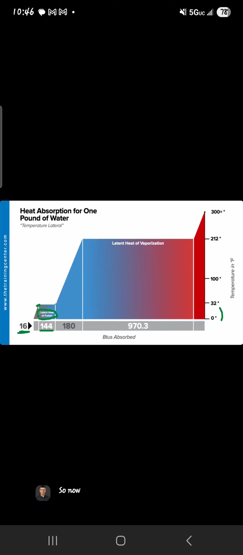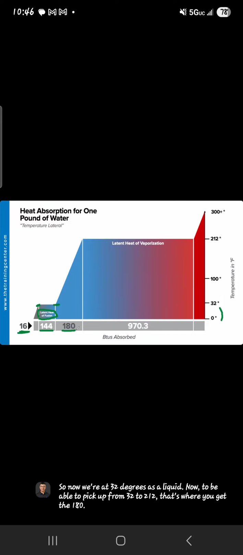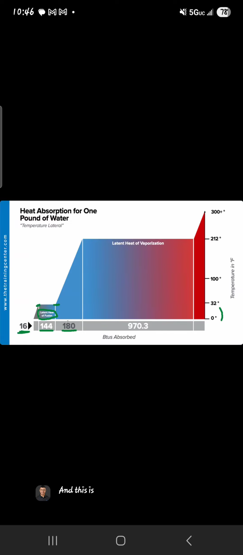So now we're at 32 degrees as a liquid. Now to pick up from 32 to 212, that's where you get the 180. And this is considered sensible heat because you're able to see the temperature change. So now we're at 212 as a liquid.